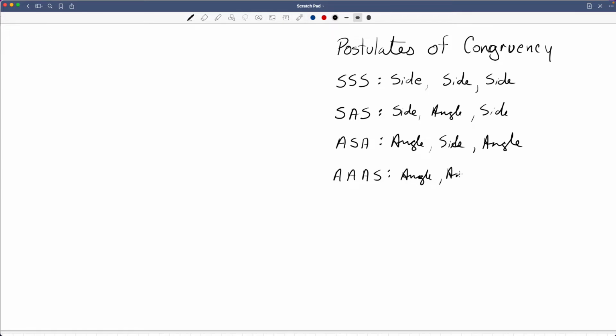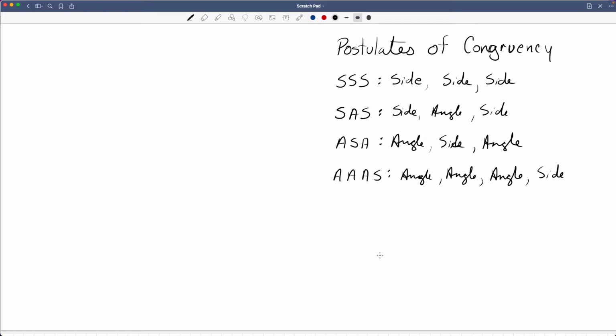And the reason we have 4 here is because you could have angle, angle, angle and have similar triangles. But if you have angle, angle, angle, side, if one side is the same and all the other angles match up, then you have automatic congruency.